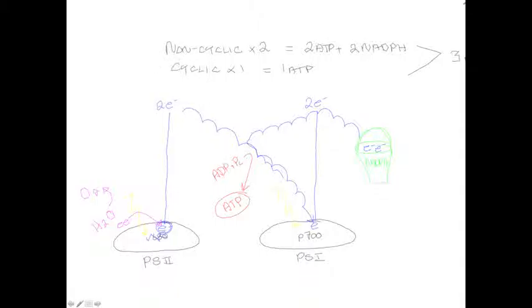With these two together, we'll end up with 3 ATPs and 2 NADPH. Each of these are necessary to fuel the light-independent reactions. We'll see how those come into play here shortly.